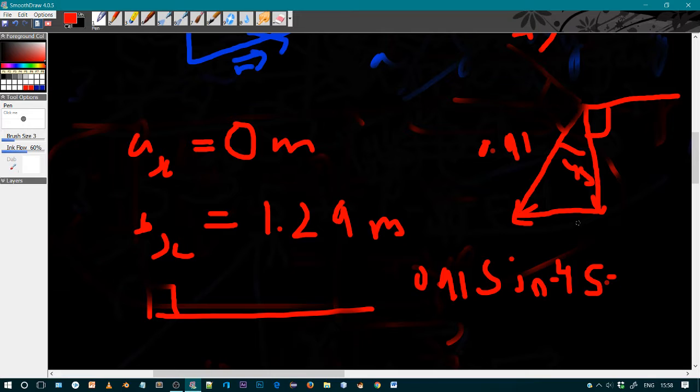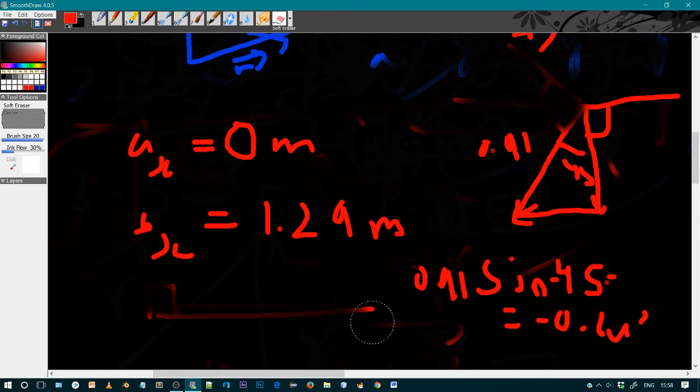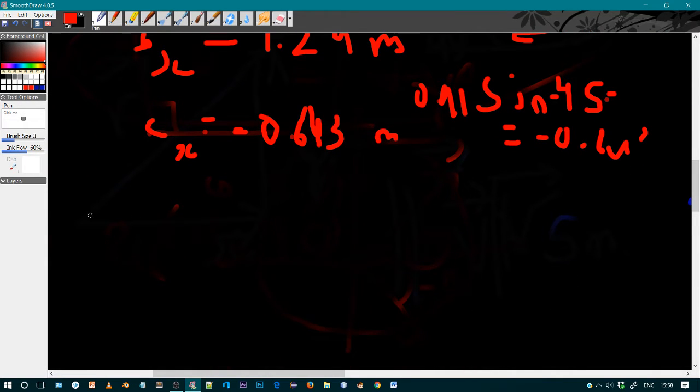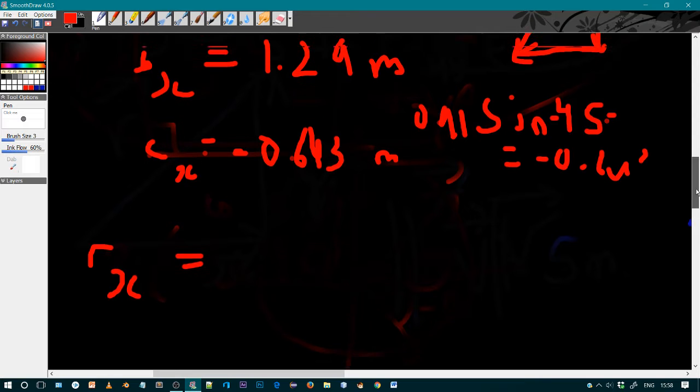So when I do sine minus 45 into 0.91, it gives me minus 0.643. Sorry for the bad handwriting, by the way. So Cx will be minus 0.643 meters.